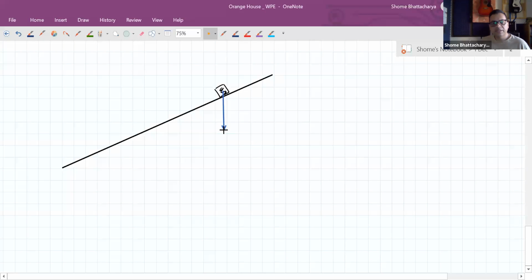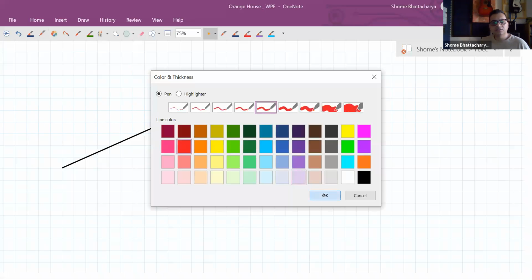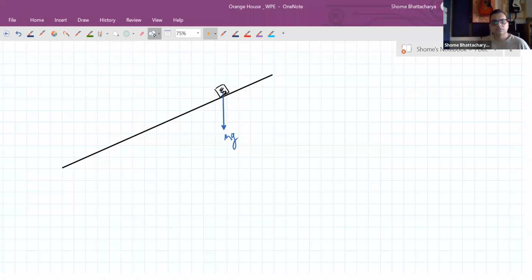It will be the weight mg acting vertically downwards. The normal reaction that the surface will apply, which will be along the normal to the surface.